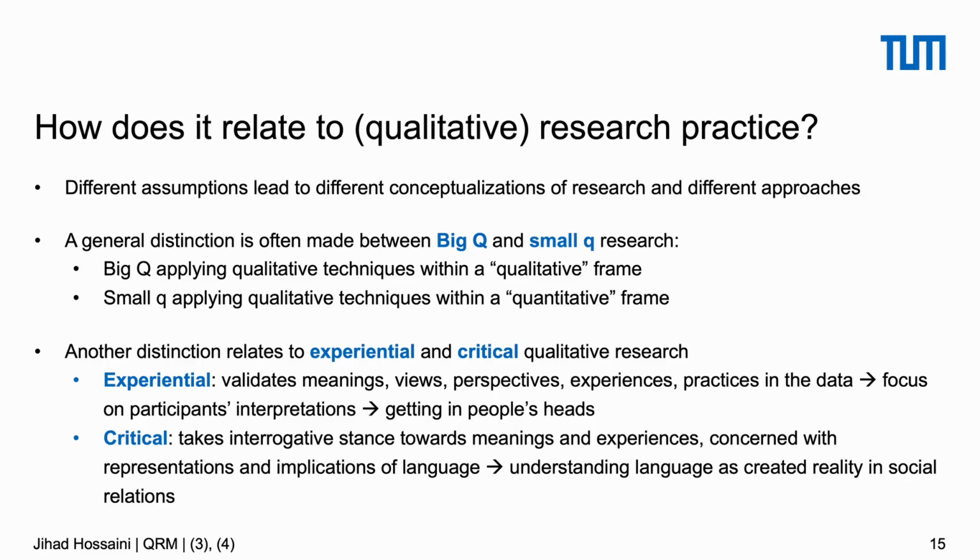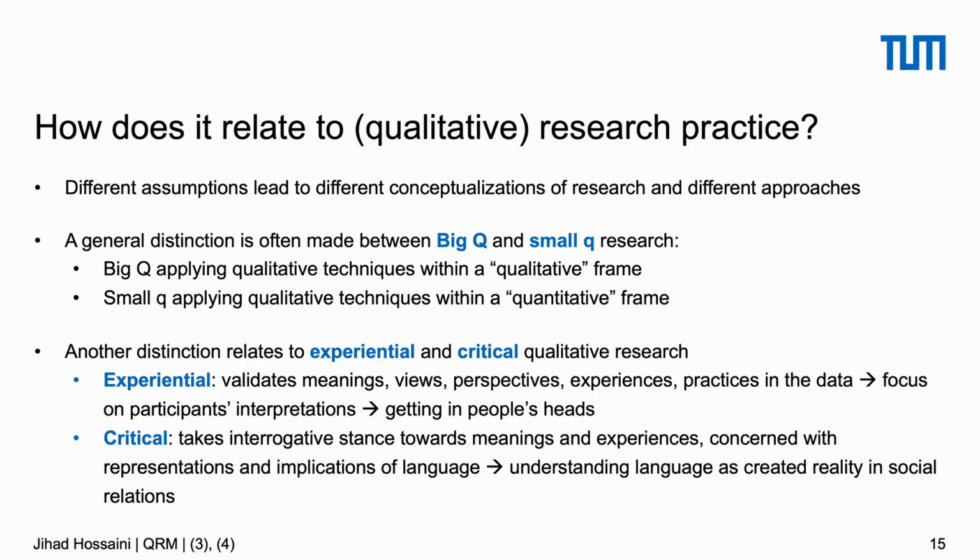did you hear about, or learn about, the evidence hierarchy in quantitative research? You have a pyramid, and the highest kind of evidence in this hierarchy is something like systematic reviews and meta-analyses of intervention studies.